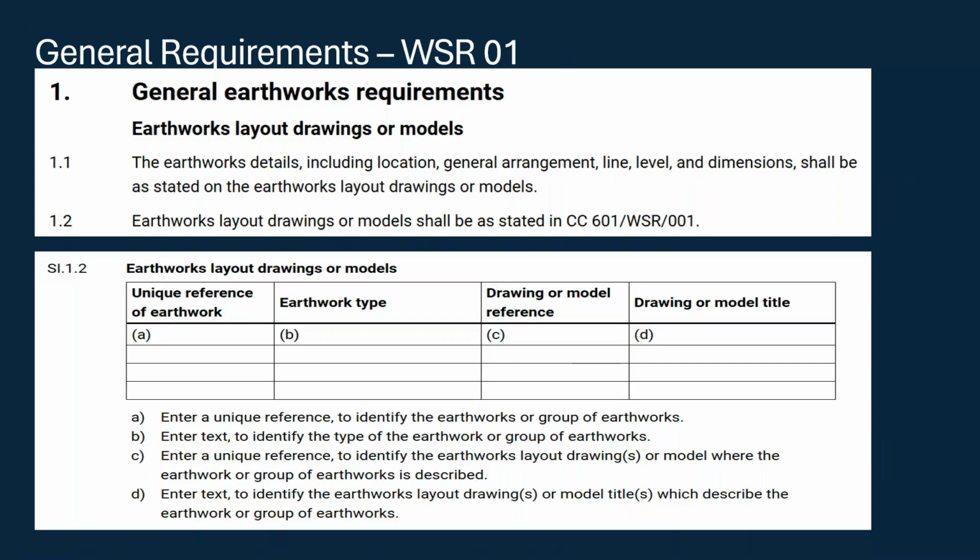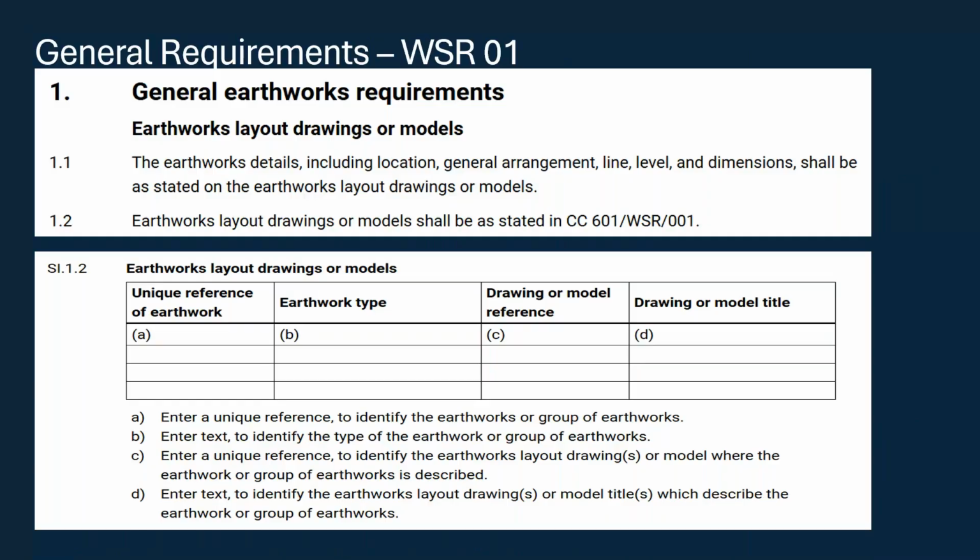It may then refer to your earthwork type, could be an embankment, cutting, general fill, or something like that. The relevant drawing that will apply to it, the drawing reference, the BIM detail, and then some form of descriptor in terms of what that actually refers to. Yes, you'll find most BIM numbers are almost totally unintelligible, so you do need something like that.